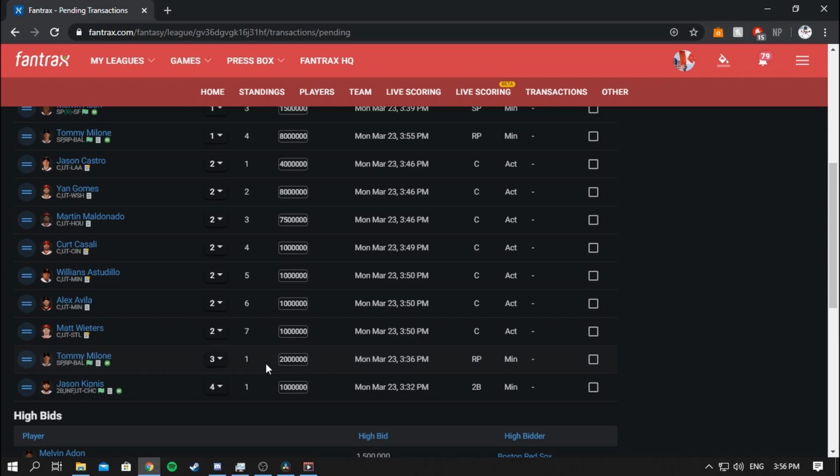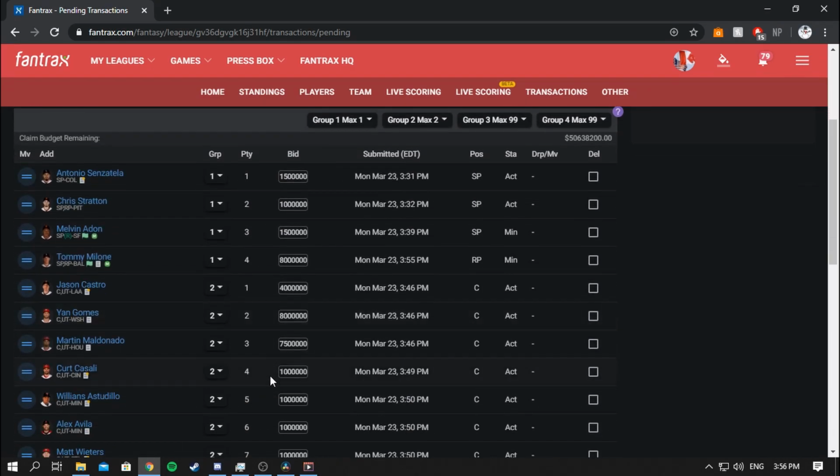Let's say another owner has Tommy Malone on their screen for $4 million. I still might get him because I have him in a second spot here for $8 million, but it will only bid $8 million, or $8 in our league, on Tommy Malone if I don't get these 3 first.